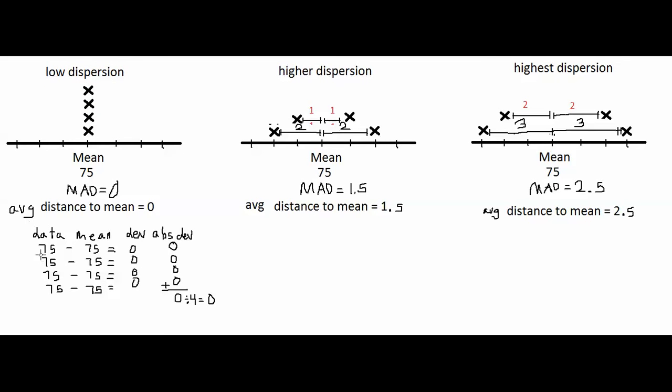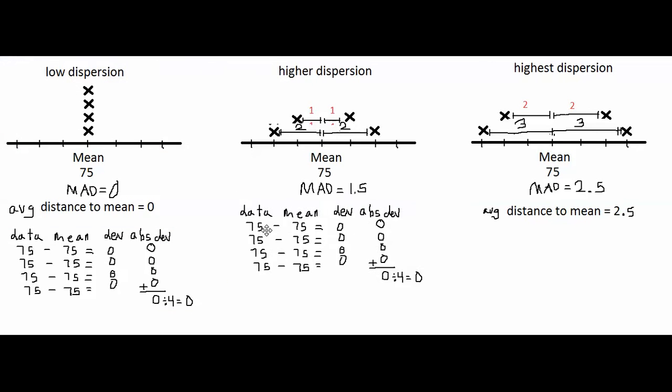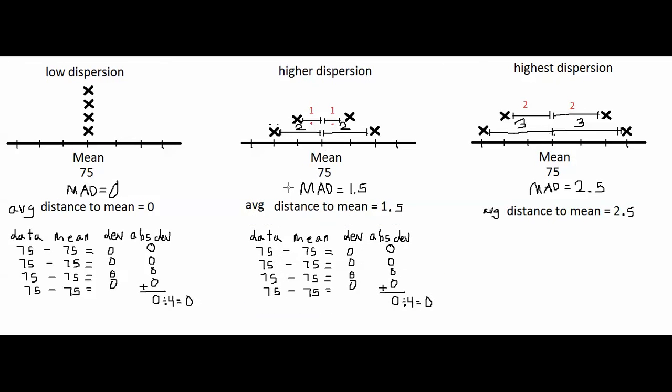Now let's do the same thing over here. Now my data values aren't all 75 anymore. One student got a 73, and one student got a 77. So my values are actually 73, 74, 76, 77.